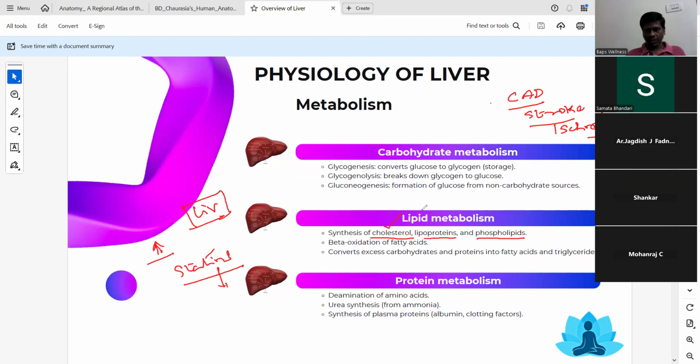You see, almost 80% of the cholesterol is made by the liver from carbohydrates and only 20% from the fat, oily, and other items that you take.